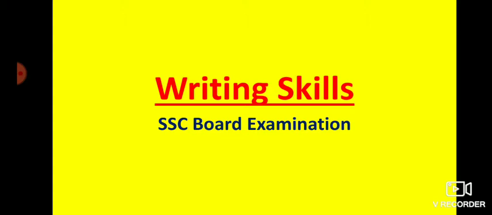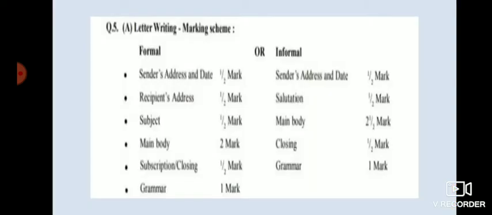Let me start. We are going to discuss each and every writing skill one by one, and the first one is letter writing. Question 5A, letter writing. There will be two letter writings. The first one is a formal letter, another one is an informal letter.